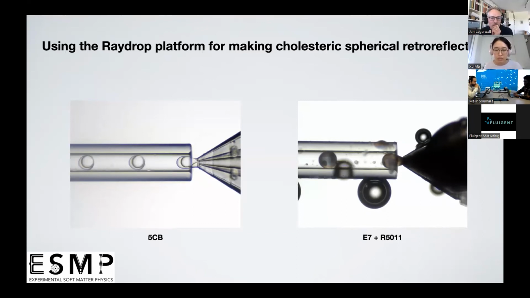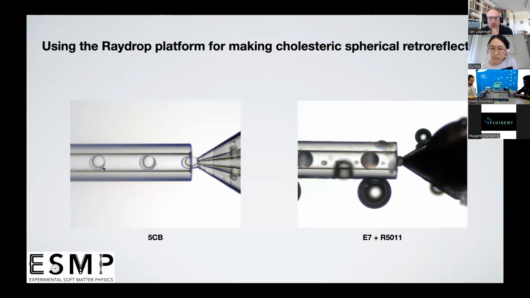Then we move to a higher viscosity liquid crystal, E7, and mix it with R5011 to make it into a cholesteric liquid crystal, and the production also works well.